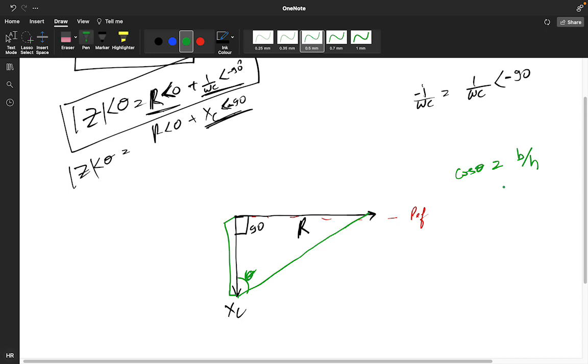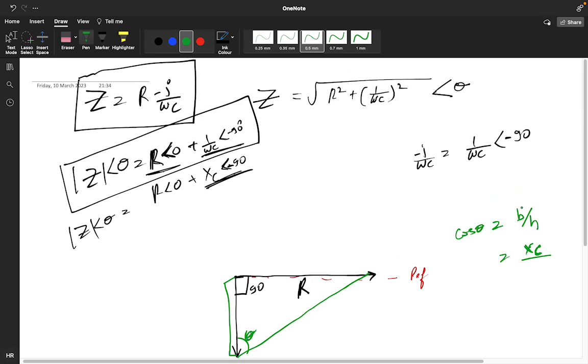So XC upon, or let me check one thing. I did some mistake. Wait, let me check. If you assume theta there, then XC will become what you guys said, you are correct.